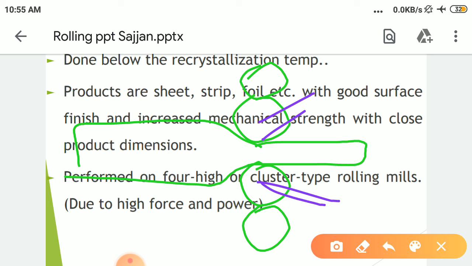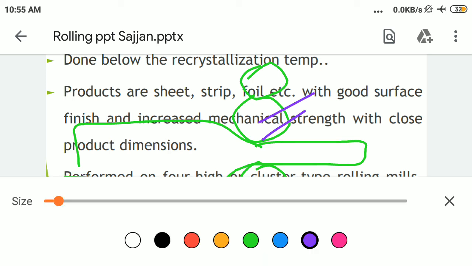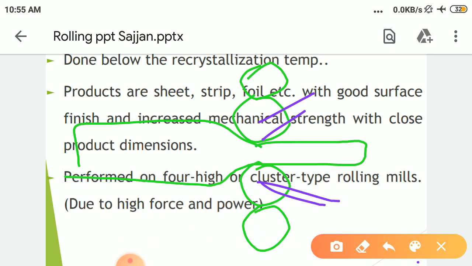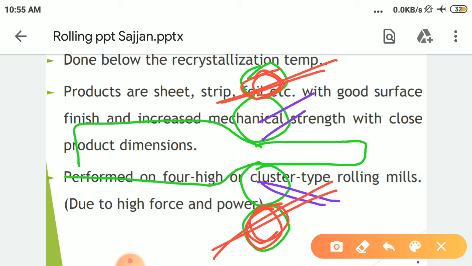So to give the support to these rollers, we have used other rollers. Those are these rollers. Okay, let's assume this is the axis. So this roller will give the support to the inner rollers. As more force is required, bending may take place. To avoid that bending, we have used some other rollers. So this is known as the four-high rolling process.